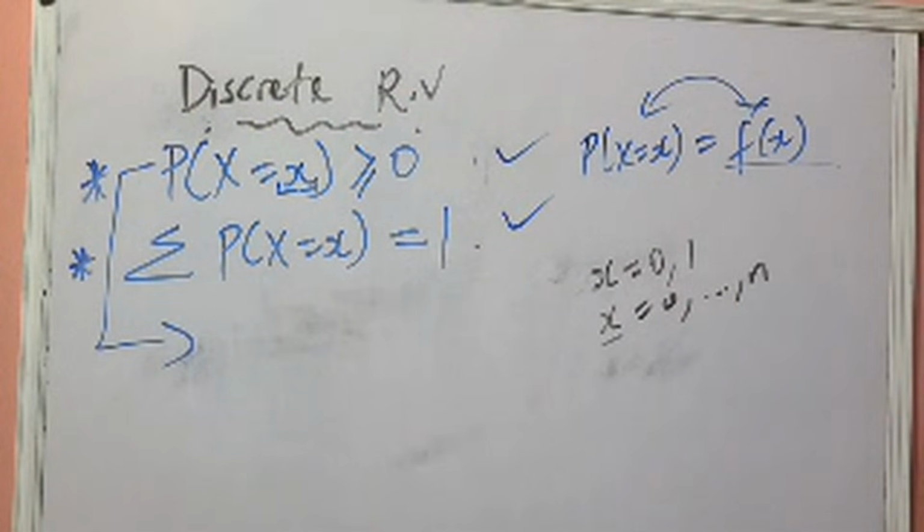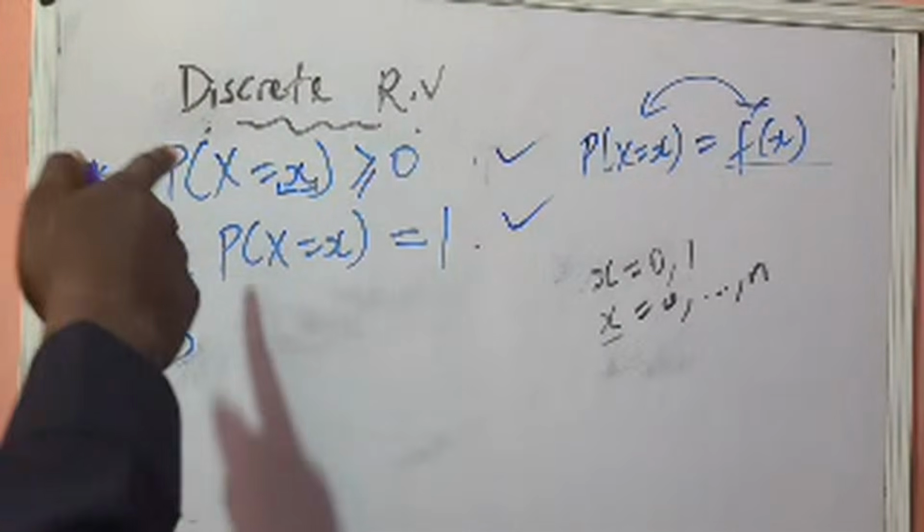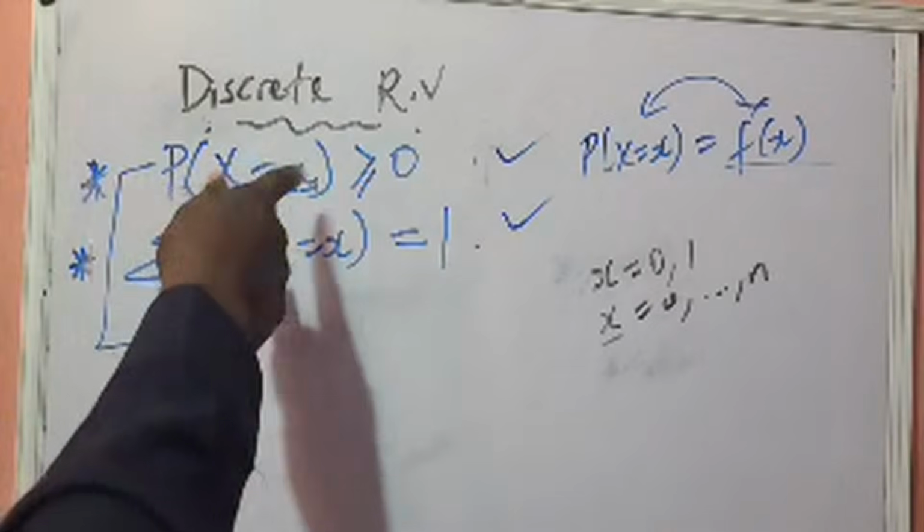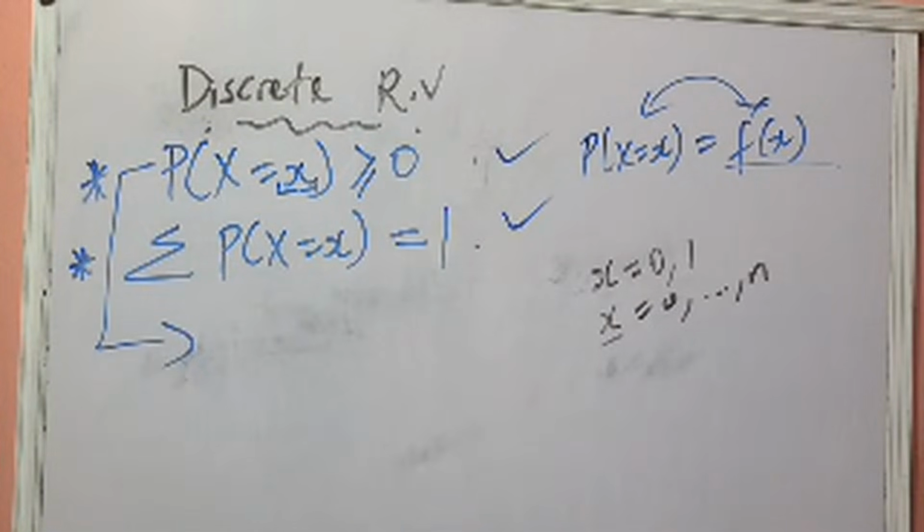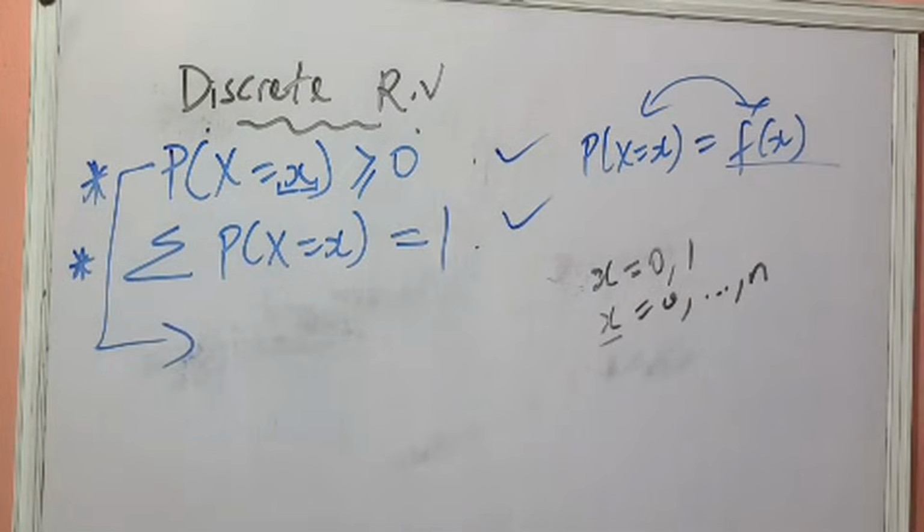Now, what we are saying right here is that the probability of a random variable being equal to any numerical value, if it's a discrete random variable, that probability must be greater than or equal to 0, which I believe every one of you agrees with me that generally a probability must not have a value less than 0.